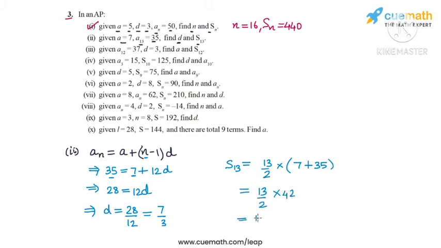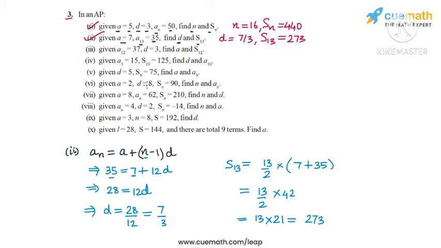So this is equal to 13 into 21, and this is equal to 273. So in the second part, the value of d is 7 by 3, and the value of S13 is equal to 273. So that completes part 2.